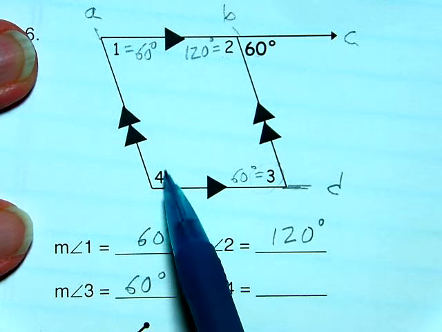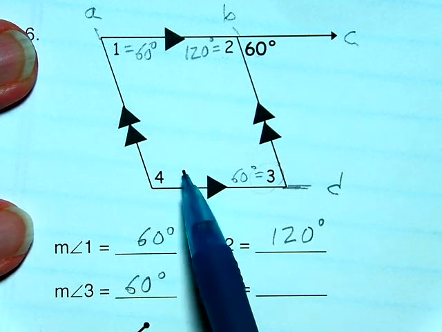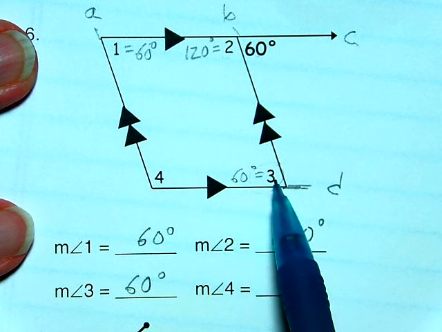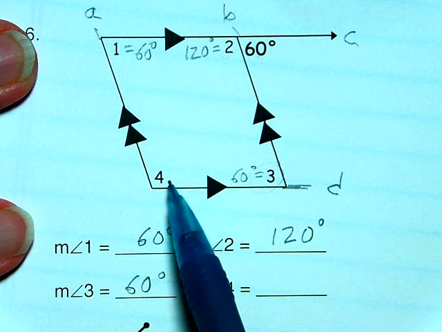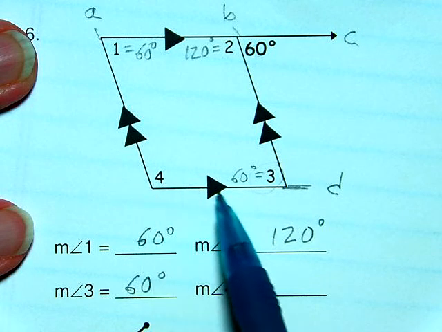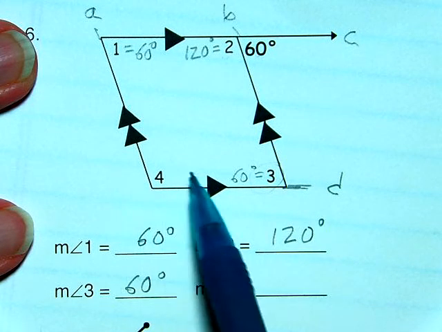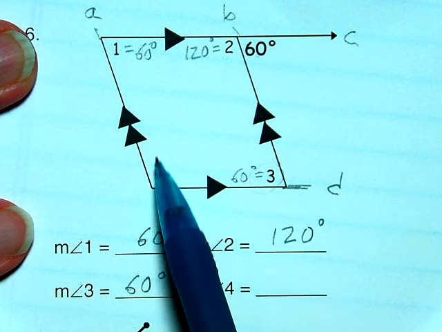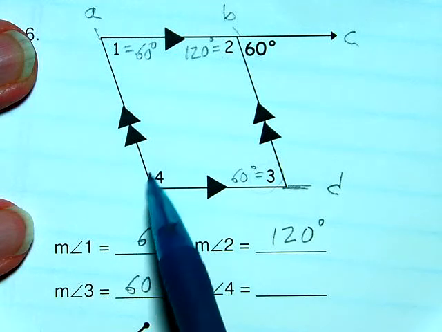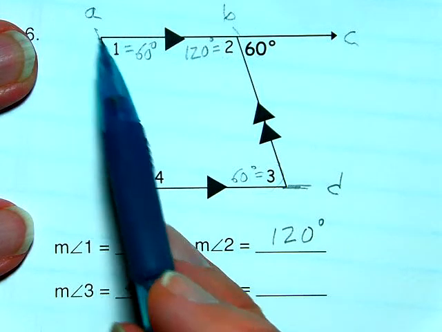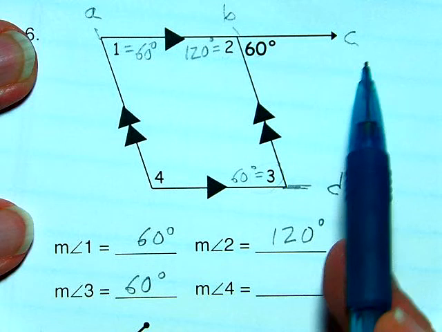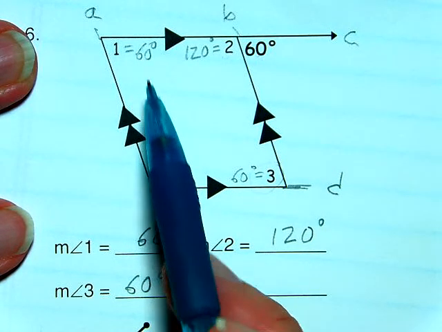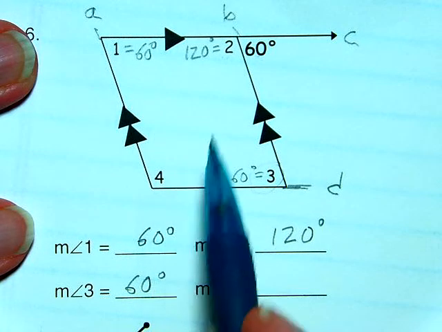And now we've got lots of ways to figure out angle 4, don't we? Because angle 4 and angle 3 are supplementary because they are also same side interior angles formed by the transversal D as it cuts across A and B. Notice 4 and 3 are interior, between A and B. But also 4 and 1 are same side interior angles because they share transversal A crossing lines C and D. These are on the same side of A. On the right side of A, we get same side interior angles 1 and 4.